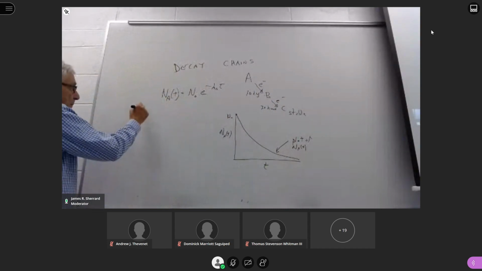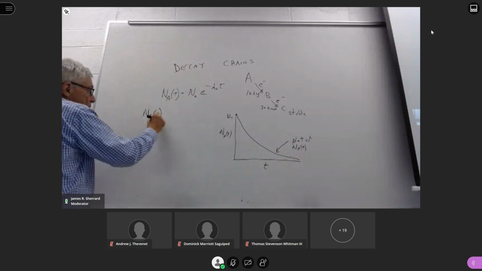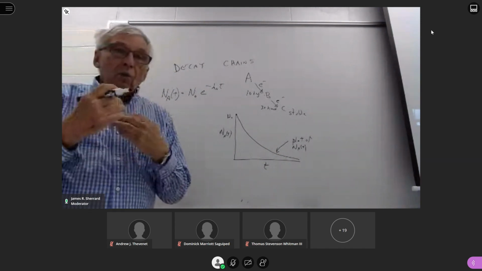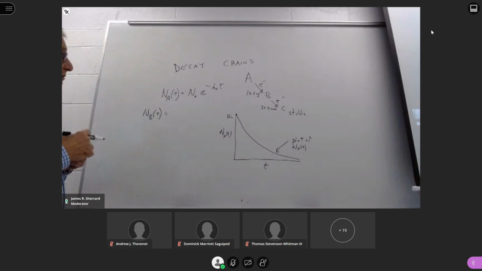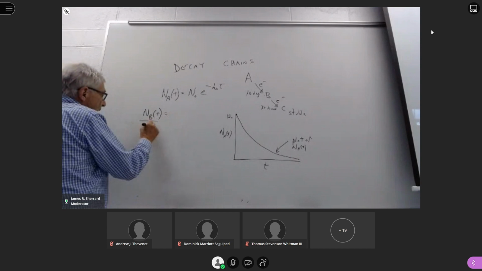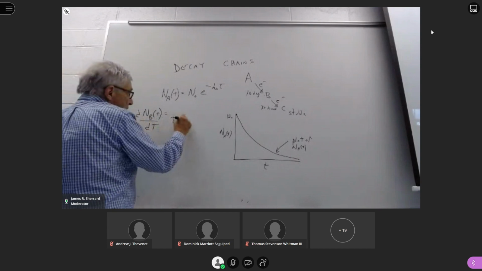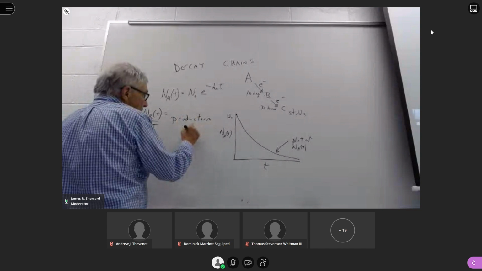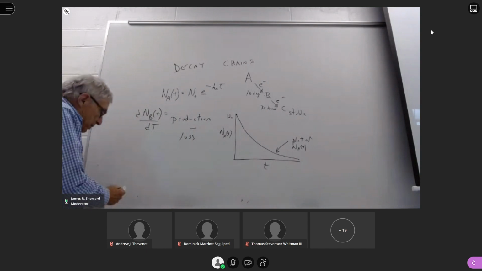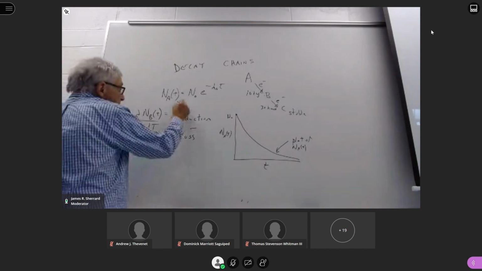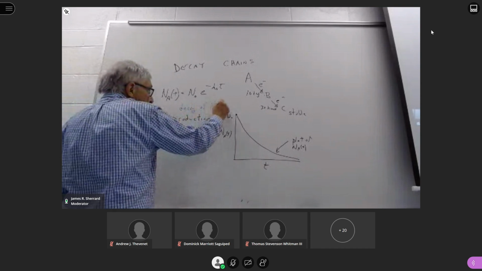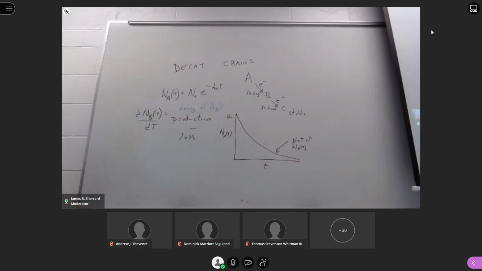If we look at what's happening with the number of atoms of B with respect to time, we can always look at any type of function like this as production minus loss. And where does production come from? The production is always from the decay of A's with respect to time. And what about the loss?